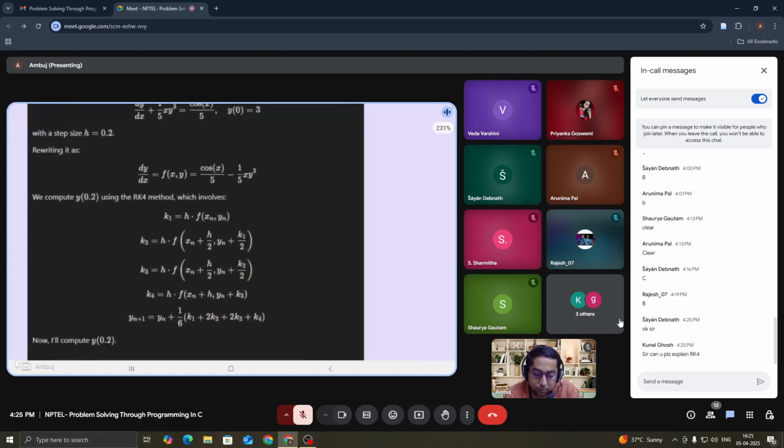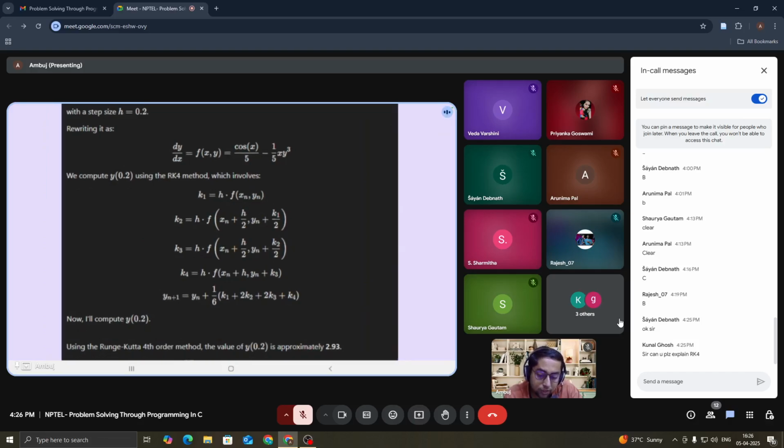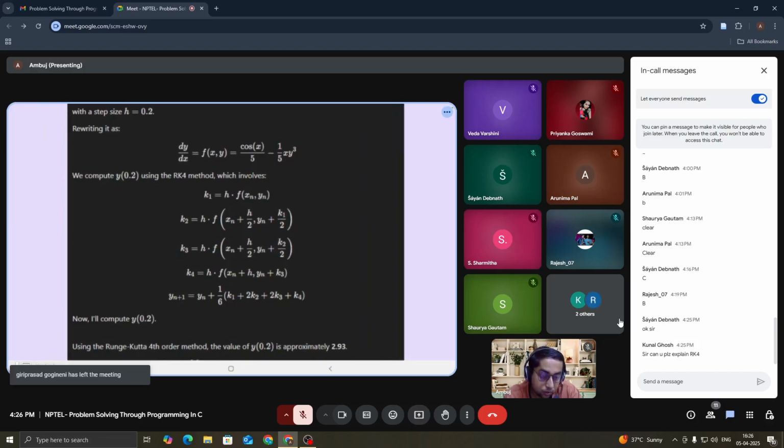If any differential equation is of the form dy by dx equal to f of x comma y, the RK4 method is a numerical technique which is used to find the solutions of that equation at particular values.